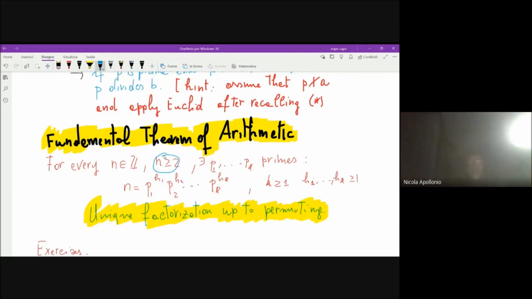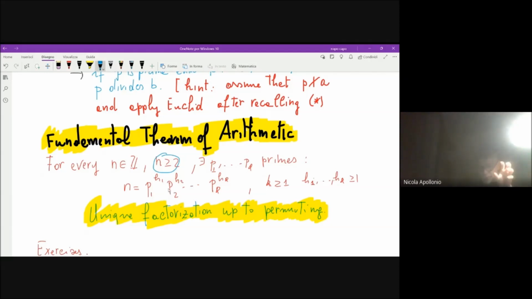But for any such number, there are primes p1, ..., pk, such that n can be written uniquely as a product of these primes. Of course, these primes can occur more than once in the factorization, so you can raise them to the appropriate power.